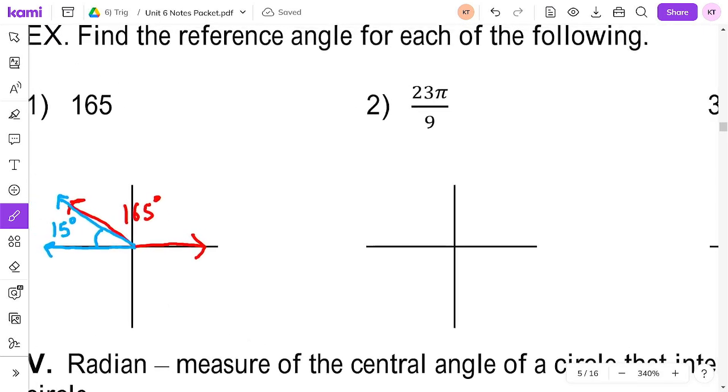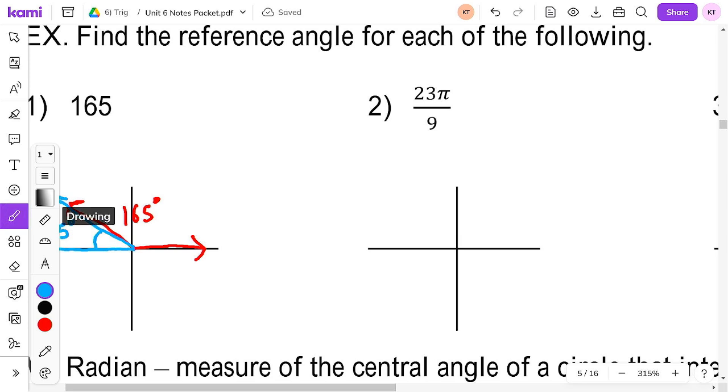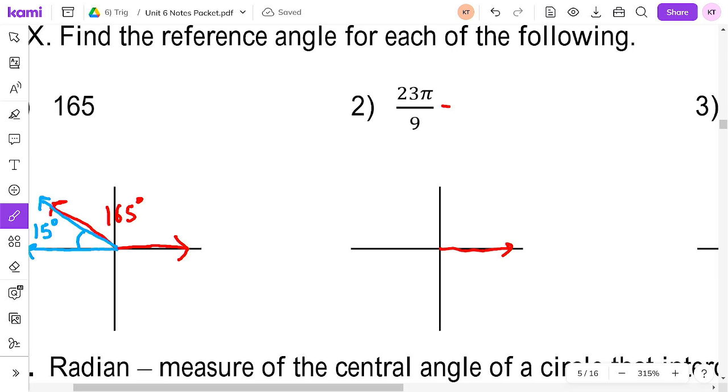Now we have 23 pi over 9. If I do this one, I'm going to figure out what would be left over, because we can see 23 pi over 9 is greater than 2 pi. So I subtract 18 pi over 9. That will give me 5 pi over 9. So I'll make my full rotation around, and I'll have 5 pi over 9 left over, which will put me in quadrant number 2.